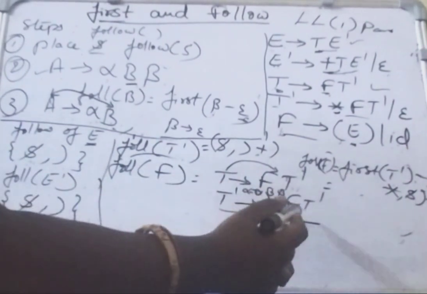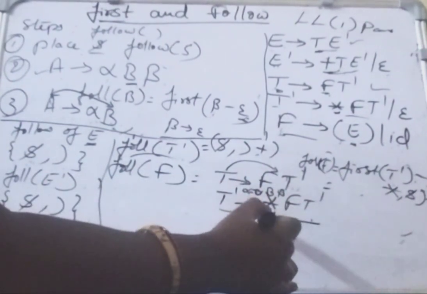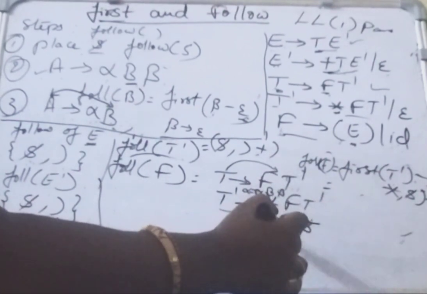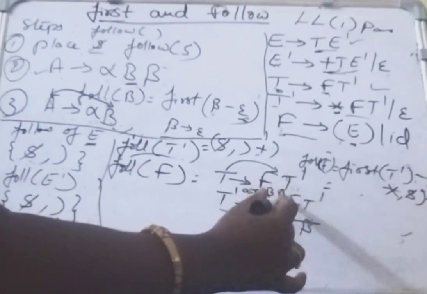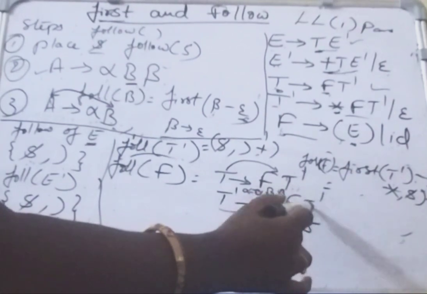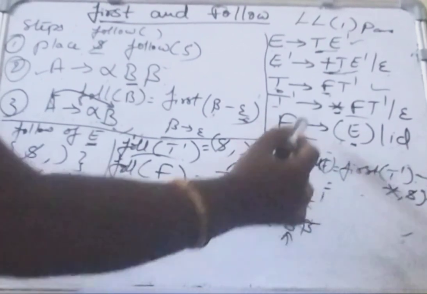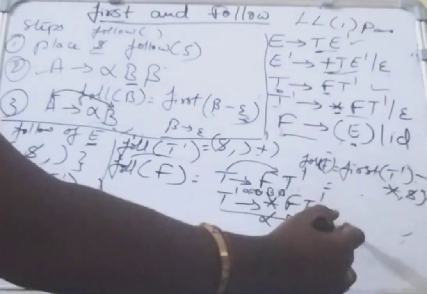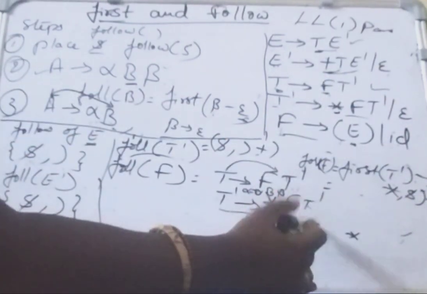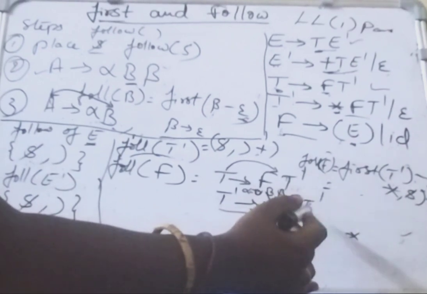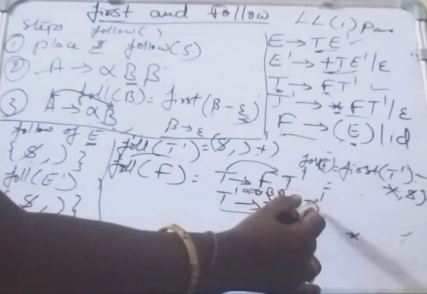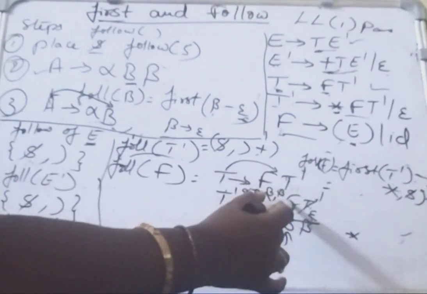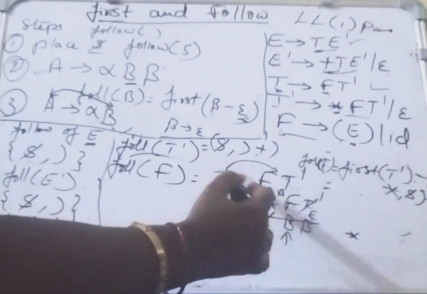And see the next production: t dash derives star of ft dash. Again we have alpha, b and beta. Follow of f is equal to first of t dash minus epsilon. What is first of t dash here? The same thing, star and epsilon. So we get star, and we substitute epsilon for this t dash. Then whatever is there in follow of t dash should be copied to follow of f.